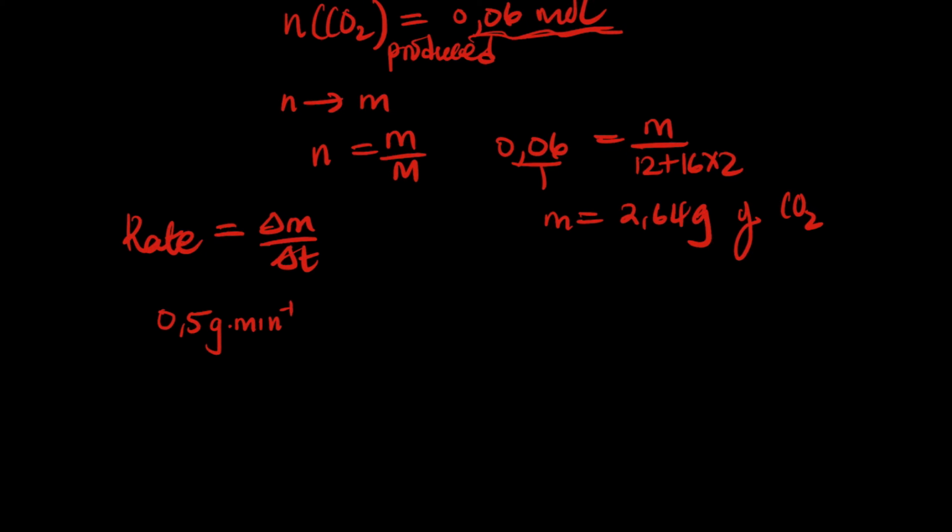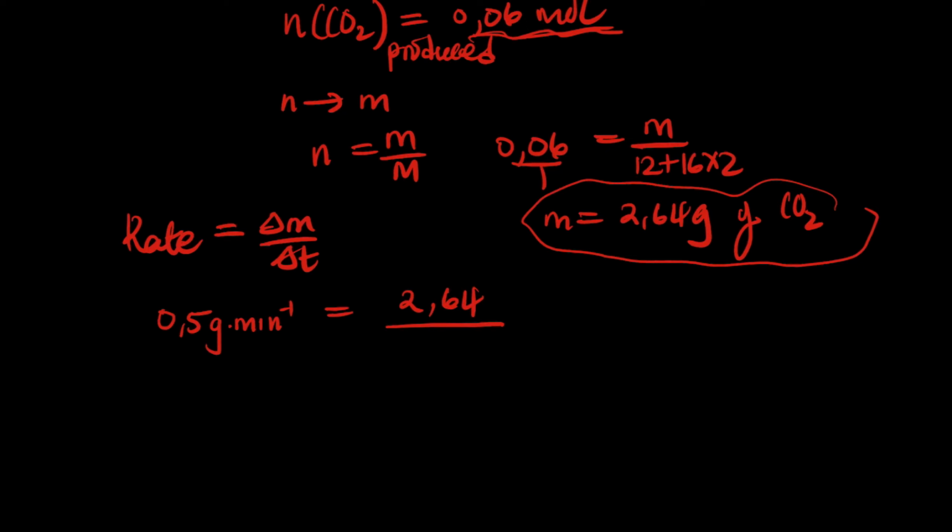I want to show you what will be the units there, and the mass that was produced, which is in carbon dioxide at that rate, it's 2.64, and then we divide by the time, because we are looking for the time, and then when we cross multiply there, this is going to be what?